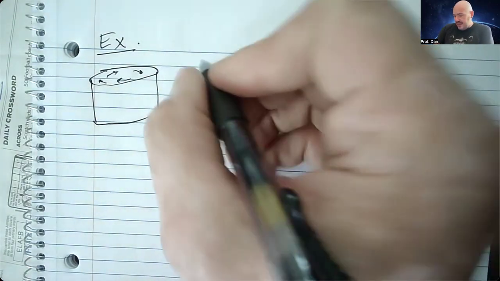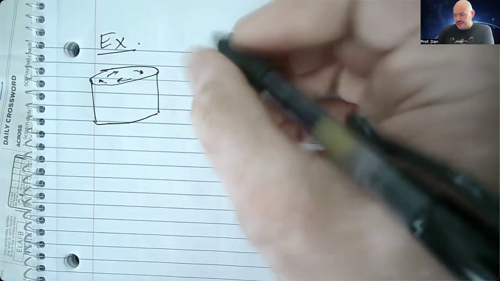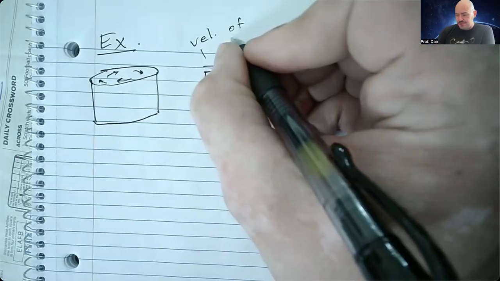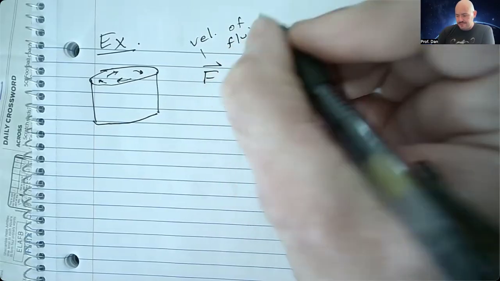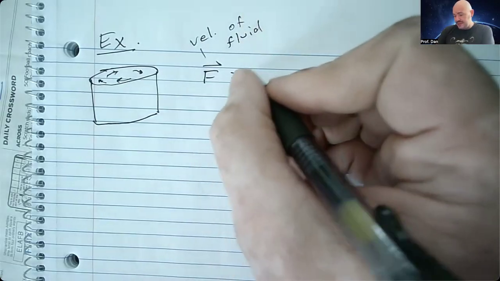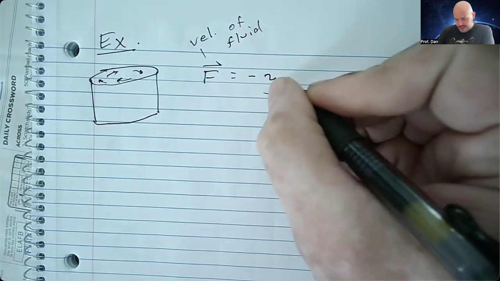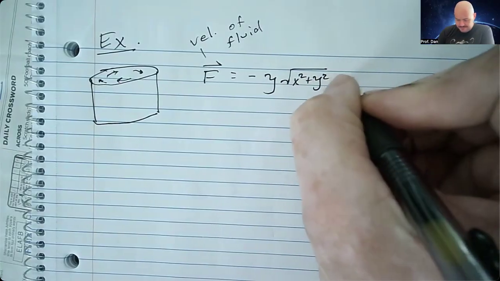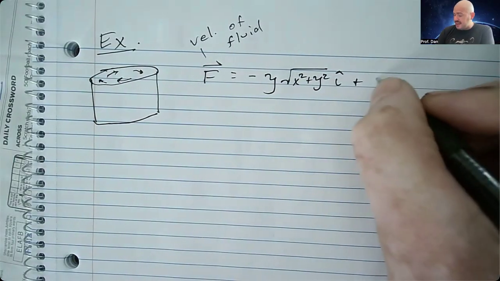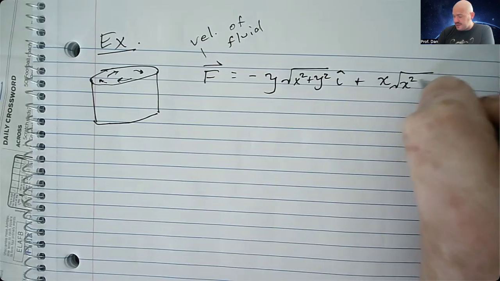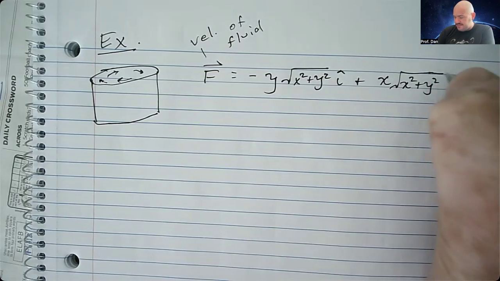Let's say that F in this case represents the velocity field, so the velocity of the fluid. And we'll say that F is given to us by this vector field: negative y times the square root of x squared plus y squared i, plus x times the square root of x squared plus y squared j.